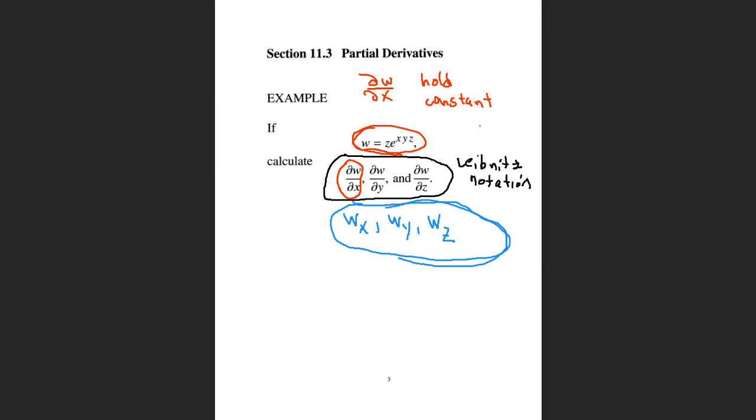And below it, I wrote the first partial derivatives using Newton's notation.